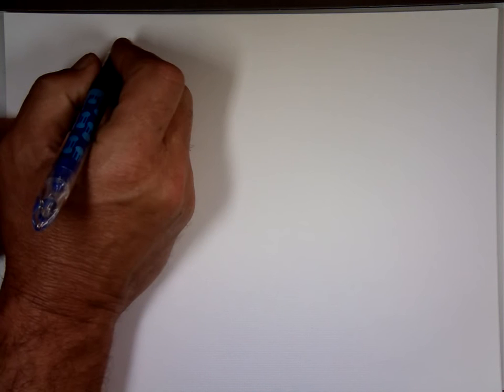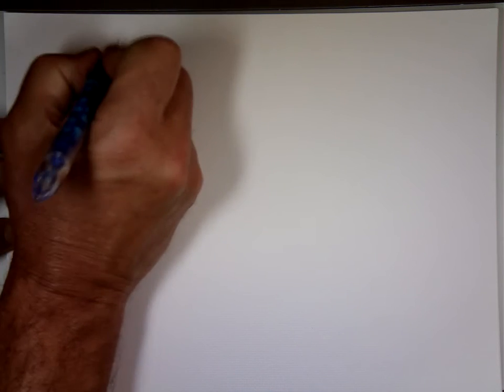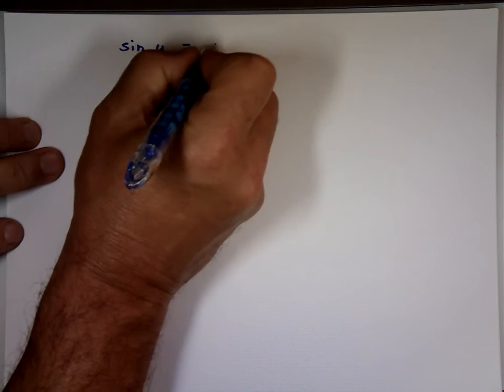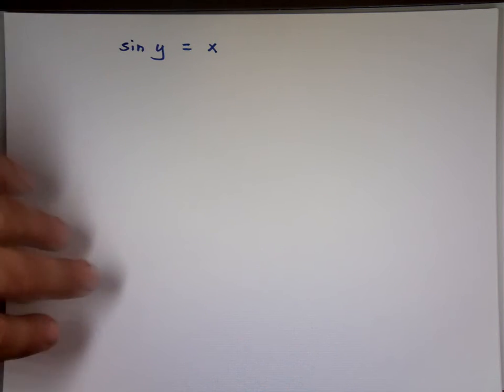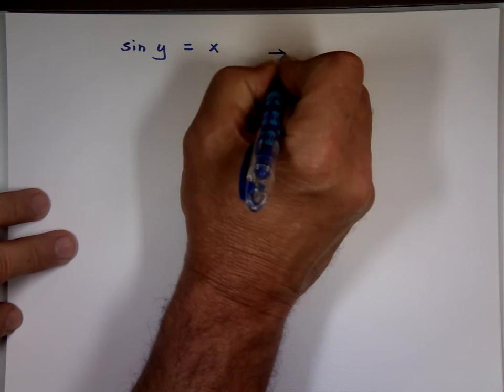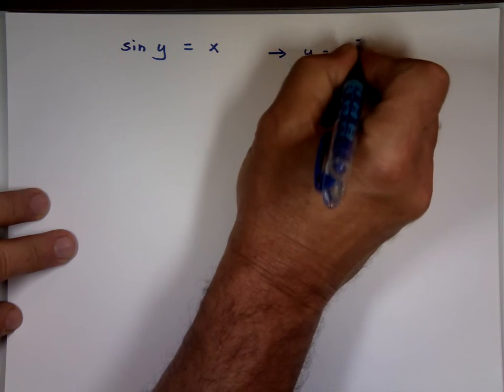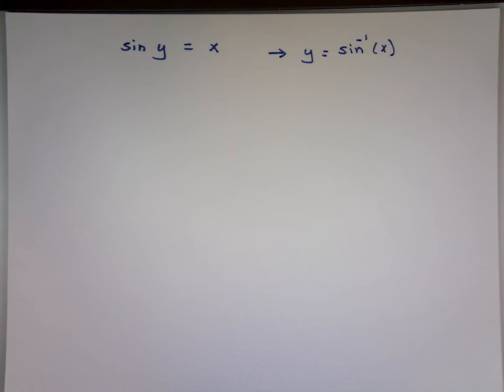Let's say we have sine of y equals x. Again, even if your intent was to solve it for y, you can, by taking the inverse sine. But good luck taking the derivative of this. Does anyone know what the derivative of the inverse of sine is?